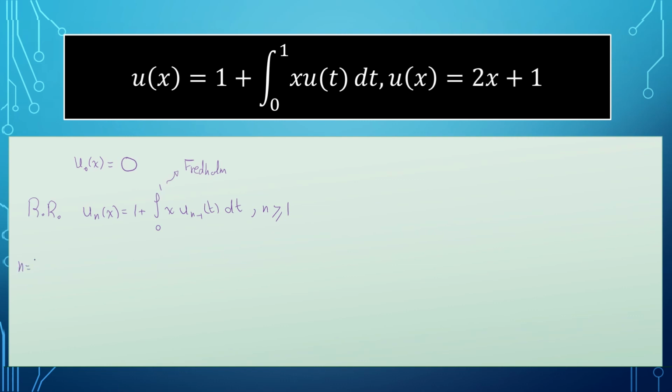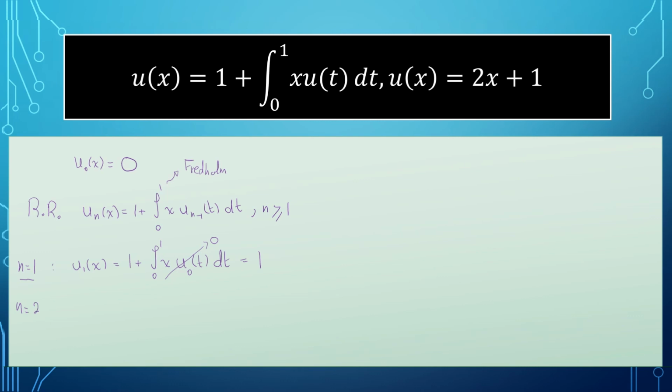When n is equal to 1, u1 of x will be equal to 1 plus the integration from 0 to 1 x u0 of t dt. u0 is equal to 0, so all of this will be equal to 0, and u1 will be equal to 1.